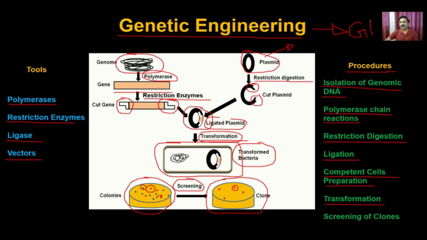In this series, let's first start by discussing the tools, so that you become familiar with the tool part, and then we will discuss the procedures, so that you will understand the utility of these tools.